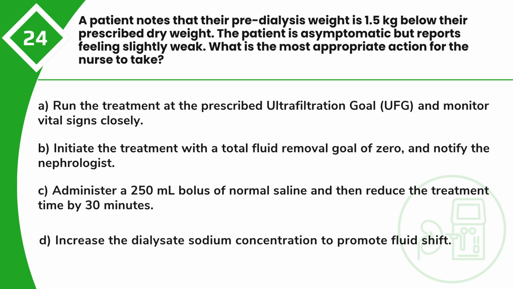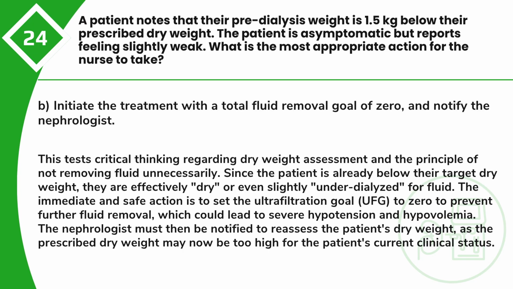B. Initiate the treatment with a total fluid removal goal of 0 and notify the nephrologist. C. Administer a 250 milliliters bolus of normal saline and then reduce the treatment time by 30 minutes. D. Increase the dialysate sodium concentration to promote fluid shift. Answer: B.